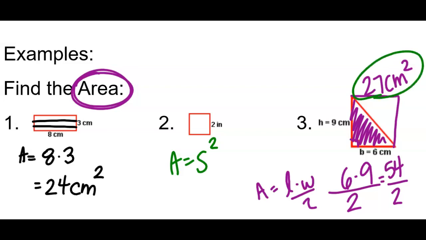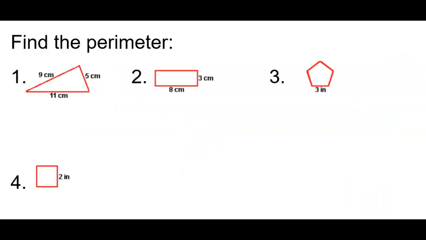All right? Now, let's talk perimeter. Now, I've got numbers in here for my perimeter. Again, I'm going to use my equation. So what's my equation for number 1? It is P equals side 1 plus side 2 plus side 3. That's a 3.